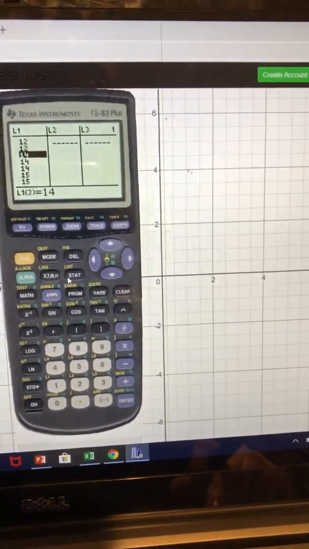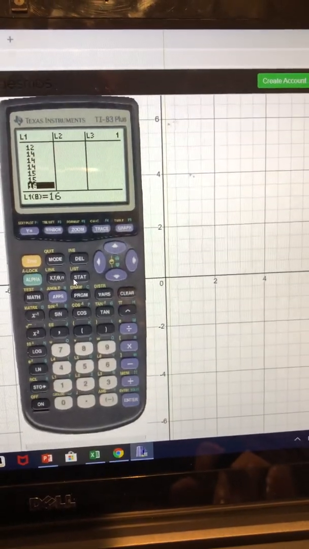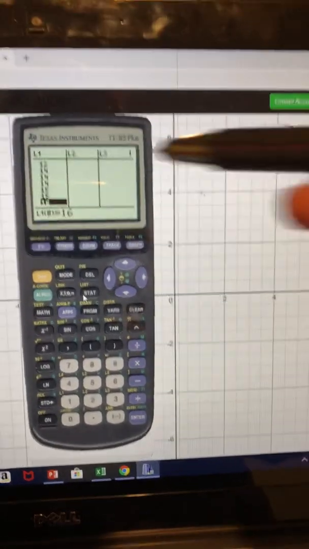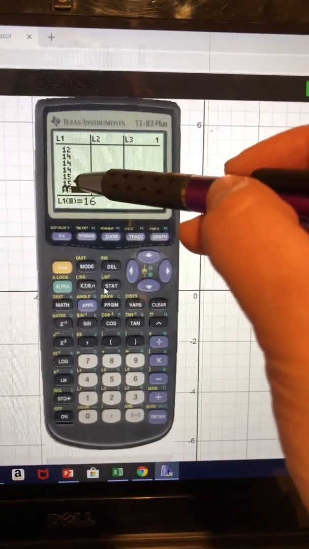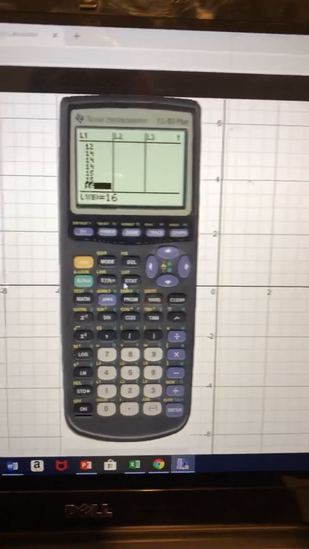So 1, 2, 3, 4, 5, 6, 7, 8. Wait, maybe not make things easier after all. So we got 12 to 16, 8. Yeah, 8.